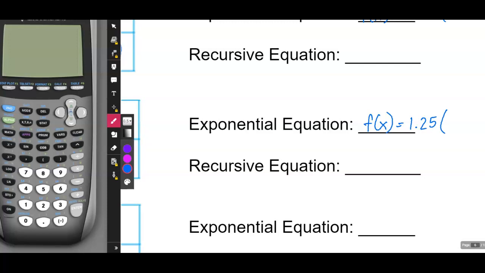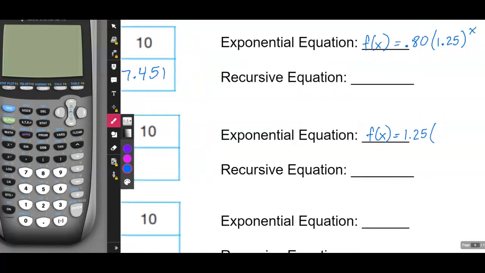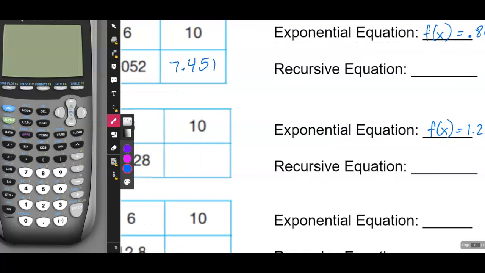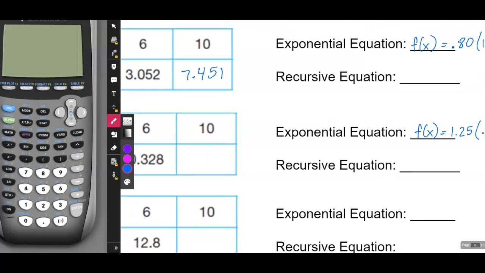And what was the B? What was it? 0.80. Oh, so it's just reversed, and we put an X on that B value. And what was the 10th term? What was it? 0.134.